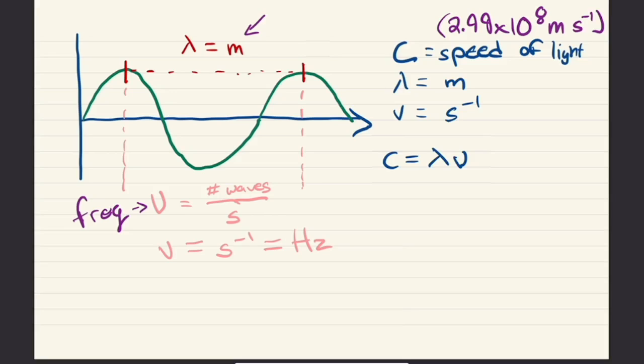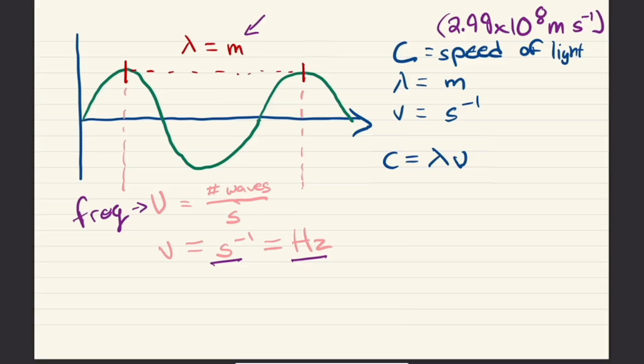Now, since numbers of waves are countable and not measured using an SI unit, then the unit is actually seconds to the negative 1, as you see here. And that is also equivalent to hertz, another scientist that was utilizing the science of light at the time, and they have since named that unit of seconds to the negative 1 after him.